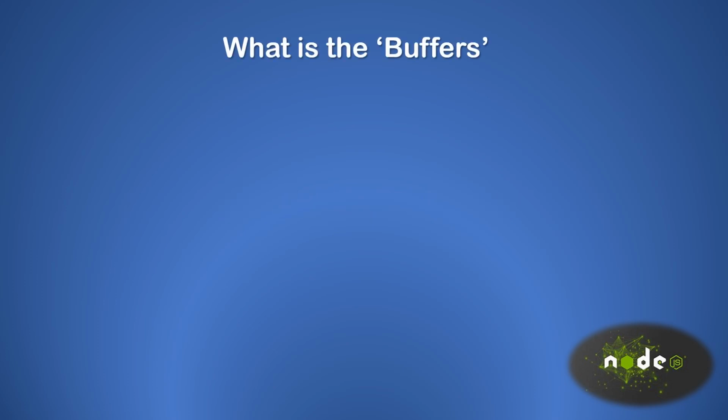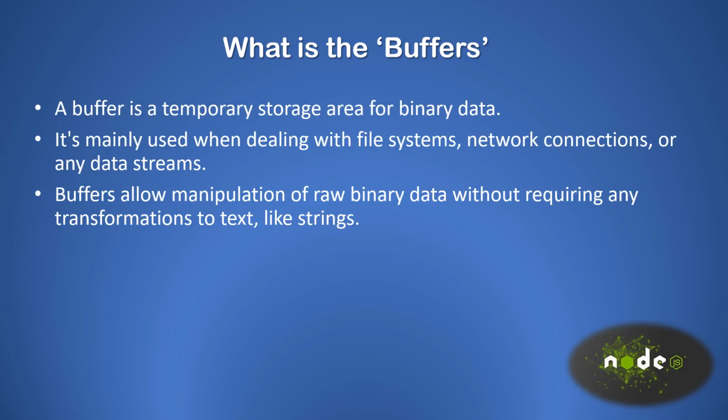Okay, so what exactly is a buffer in Node.js? A buffer is essentially a temporary storage area specifically designed for handling binary data. Unlike typical JavaScript strings, which are made for handling text, buffers allow us to work with the raw data directly. Buffers are crucial when you are dealing with things like file system or network connections or any kind of data streaming.